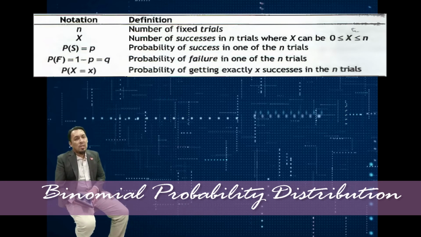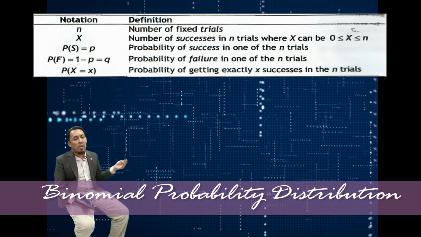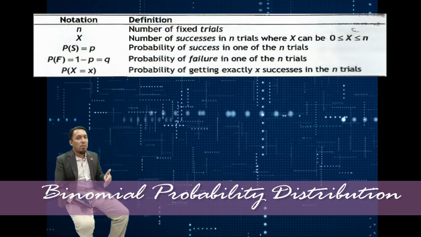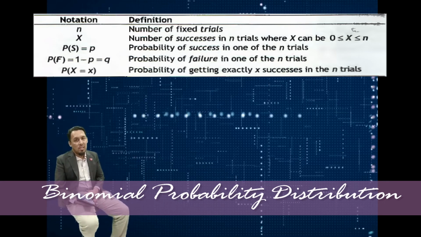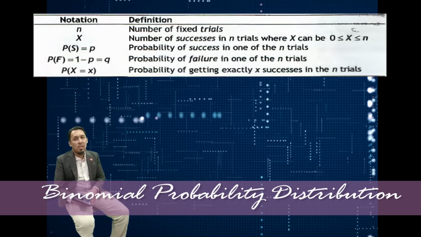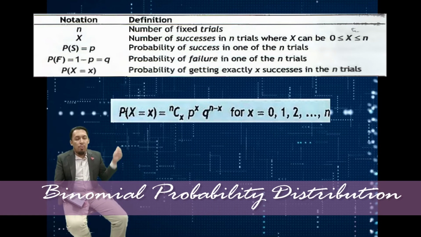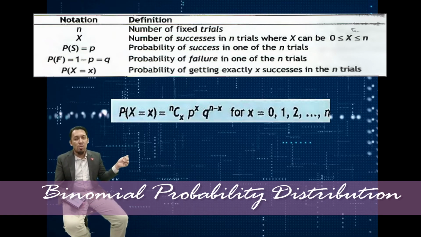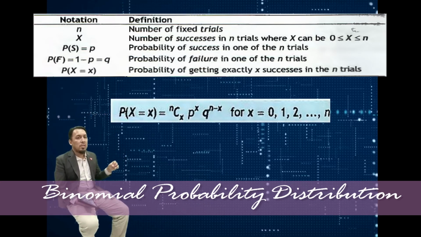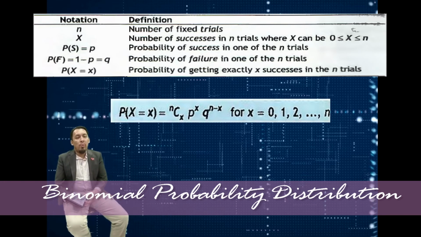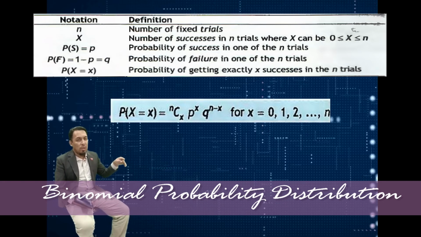And the last one is the probability of X equal to the x value. In other words, what is the probability of getting exactly x successes in the n trials. So this is the formula that you can use to calculate the probability in binomial, where n, x, p, q are defined as before.